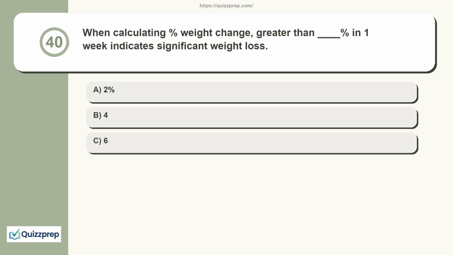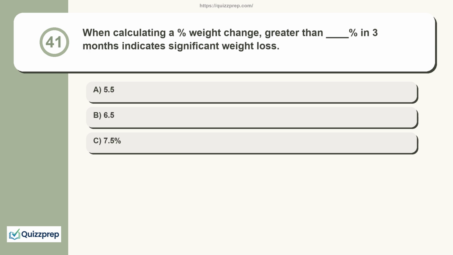Question 40. When calculating percent weight change, greater than ___% in 1 week indicates significant weight loss. 2%, 4, 6. Question 41. When calculating a percent weight change, greater than ___% in 3 months indicates significant weight loss. 5.5, 6.5, 7.5%.